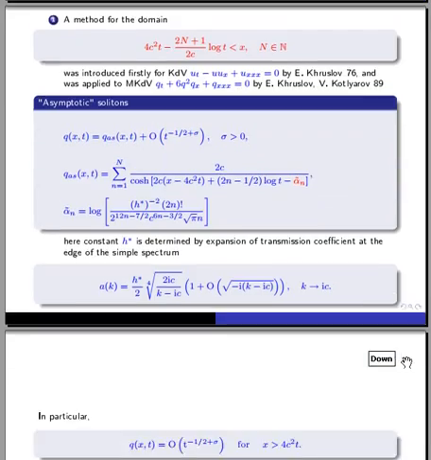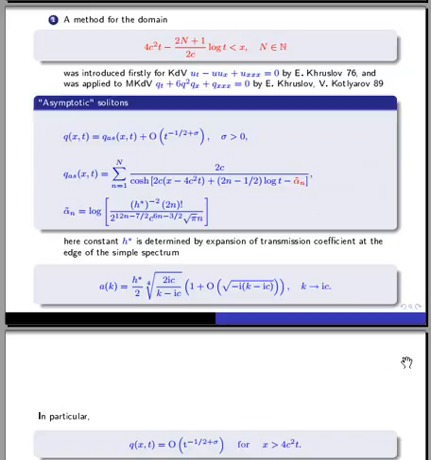The asymptotics in the domain above this region was studied by Khruslov and Kotlyarov using the method which was introduced for the Korteweg-de-Vries equation by Khruslov.